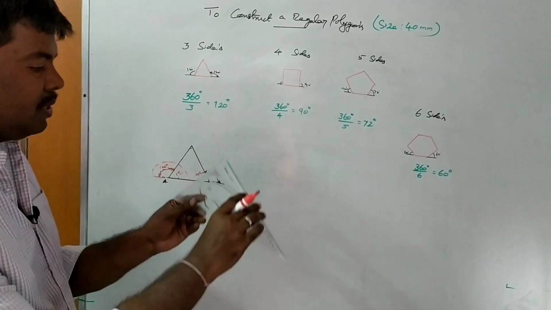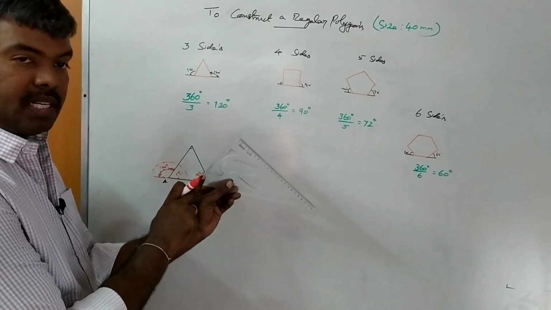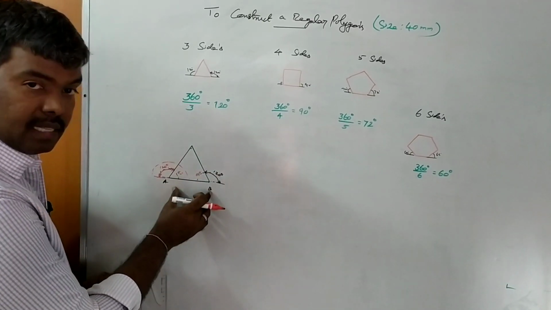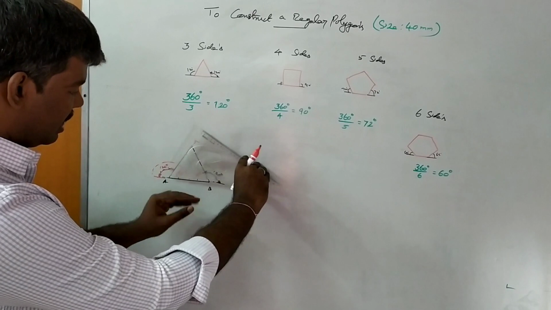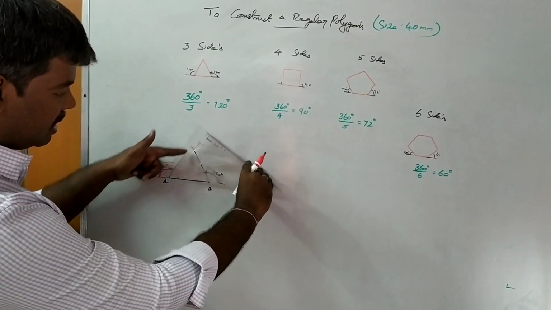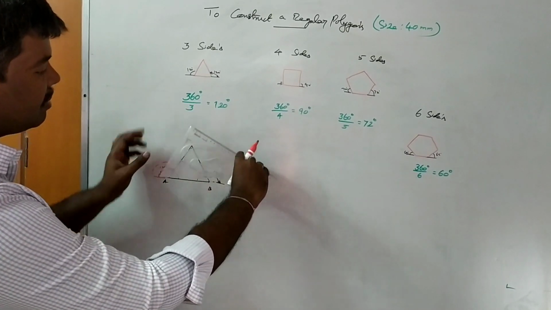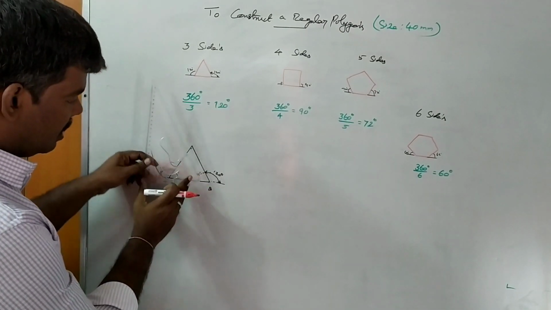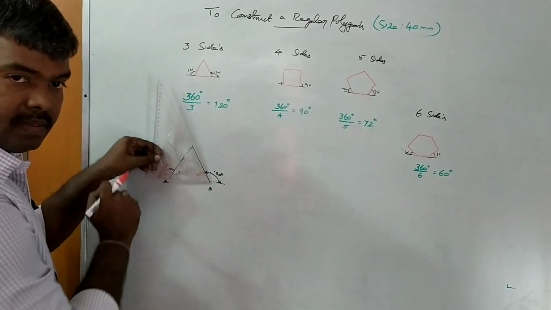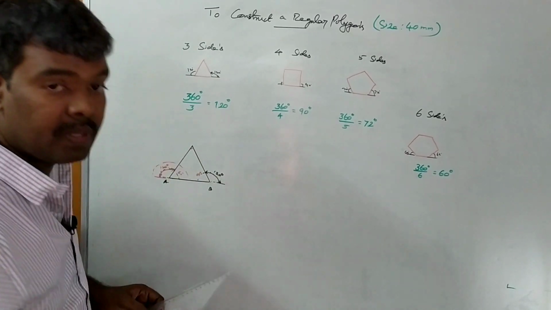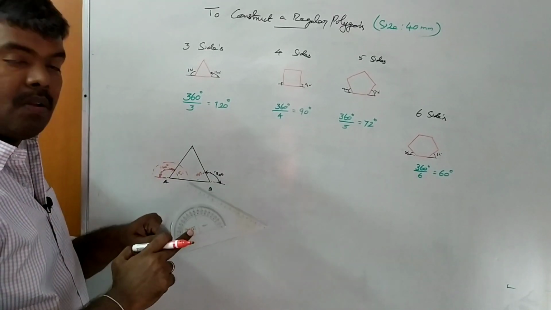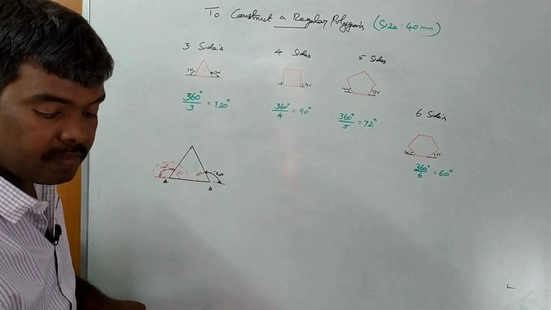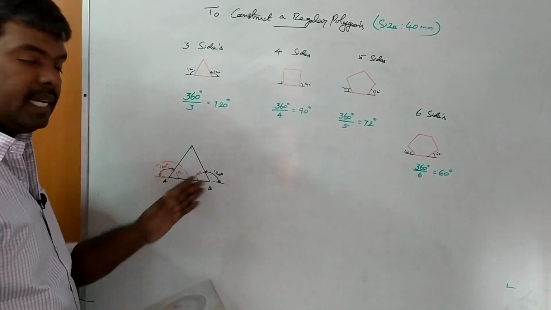You know this is 30 degrees, this is 60 degrees. With the AB line there, you keep the set square here, this is the 60 degree line, you draw the line. Similarly here. So either with a protractor or with the given set squares you can easily draw.